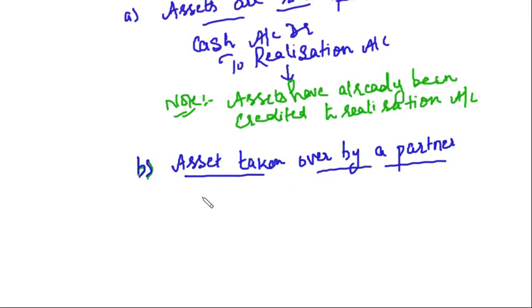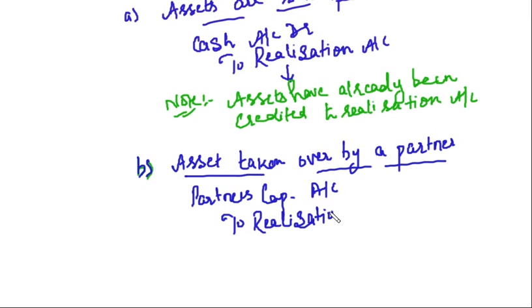So what you will do is, you will debit the partner's capital account. And what you will credit, asset account or the realization account? Asset account is already credited when you have transferred the assets to realization account. So here I will say to realization account. Clear, friends?